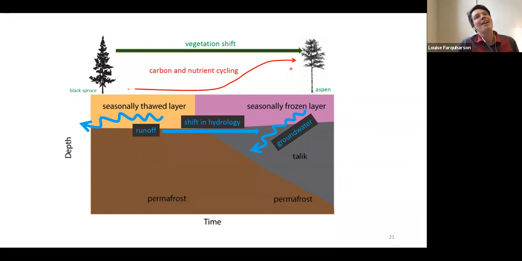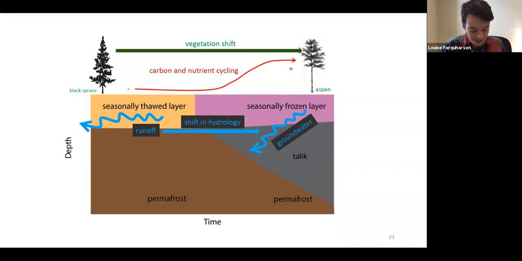Right. Yeah. So echoing the comment to Joanne, that is a major limitation of this study. We're taking measurements at discrete point locations, and so I think we can't really infer the lateral or horizontal distribution of these taliks.